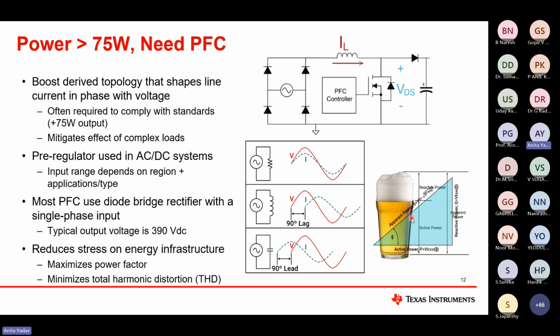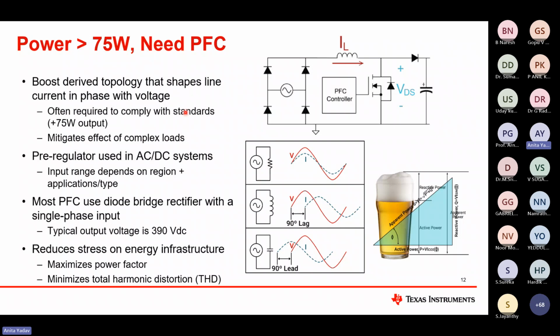So, very slight basics about the PFC here. It's a boost-derived topology that shapes the input current to follow the voltage, and thus has a power factor of 1. It is often required to comply with standards at 75 watt plus output power.